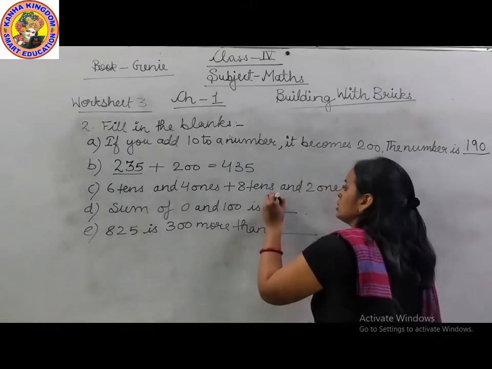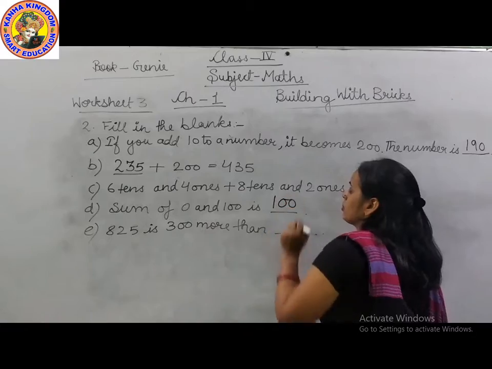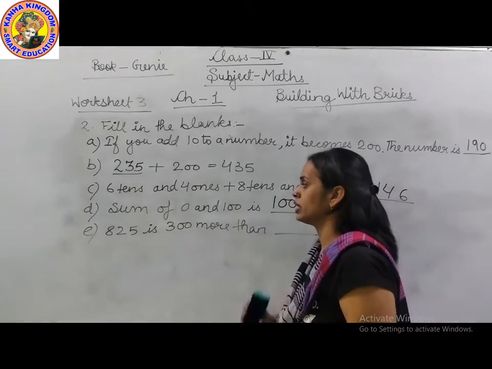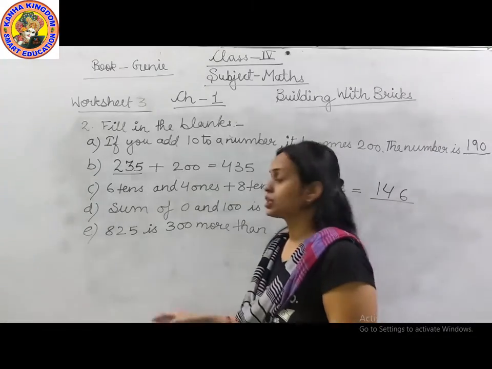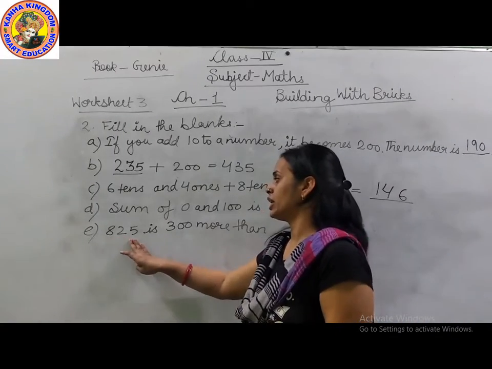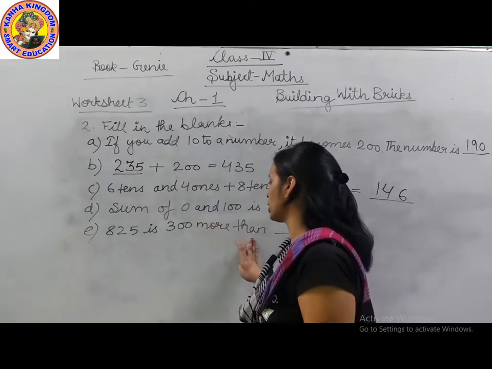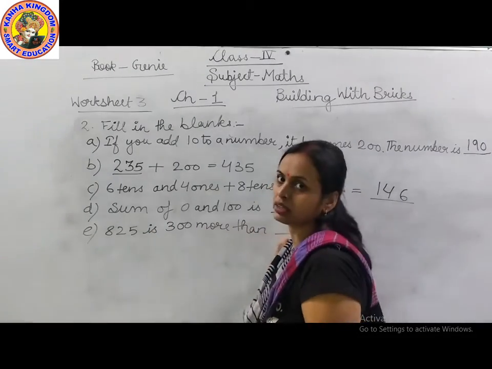Now next, sum of 0 and 100 is, so when we add any number to 0, our answer is the number itself. Okay, so 0 plus 100 equals 100. Now next question is 825 is 300 more than blank.